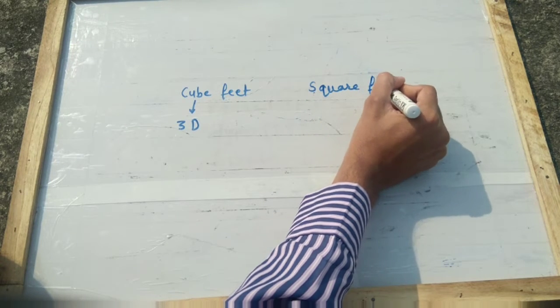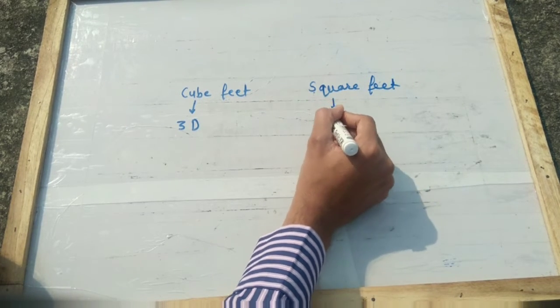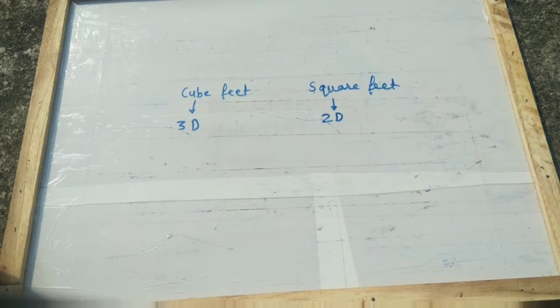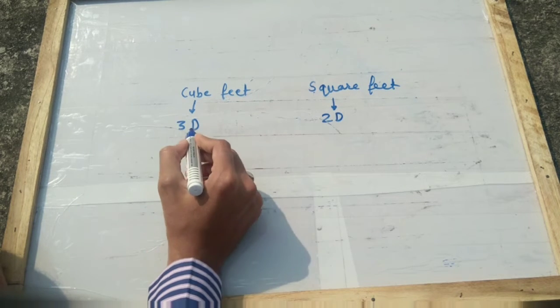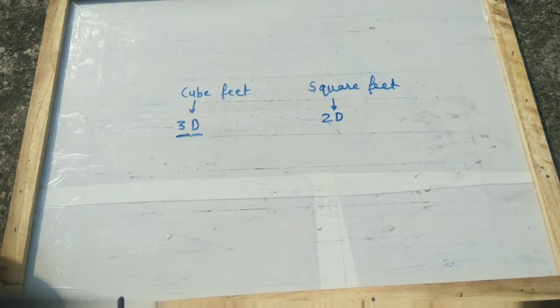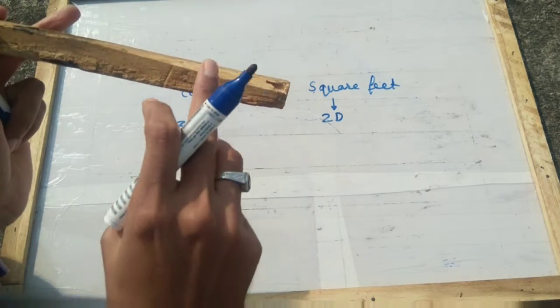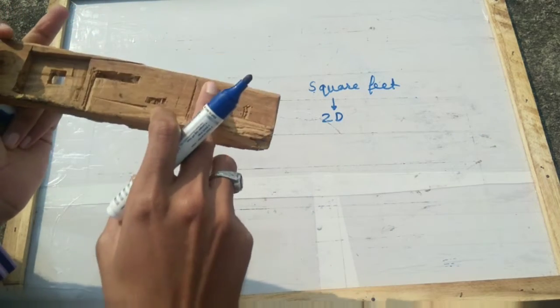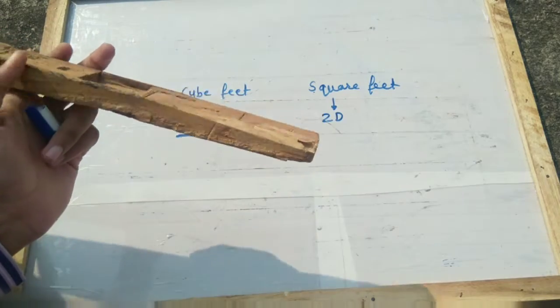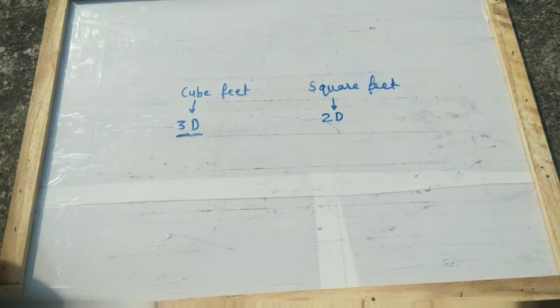Square feet means 2 dimension. And what is 3 dimension or 2 dimension? 3 dimension means we can feel it like this. It has height, it has width, it has length. Therefore it is known as a 3 dimension.